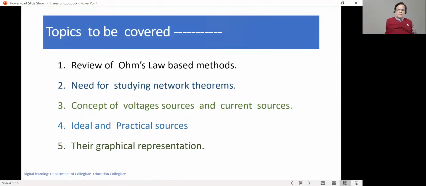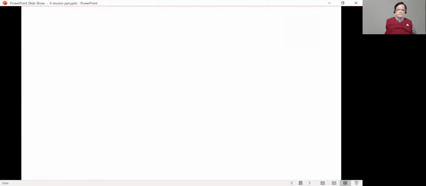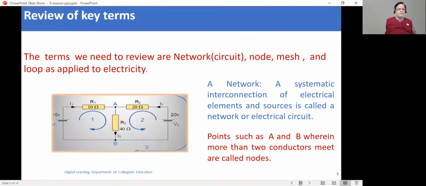To start with, we need to review the terms such as network, alternately circuit, node, mesh and loop as applied to electrical circuits.